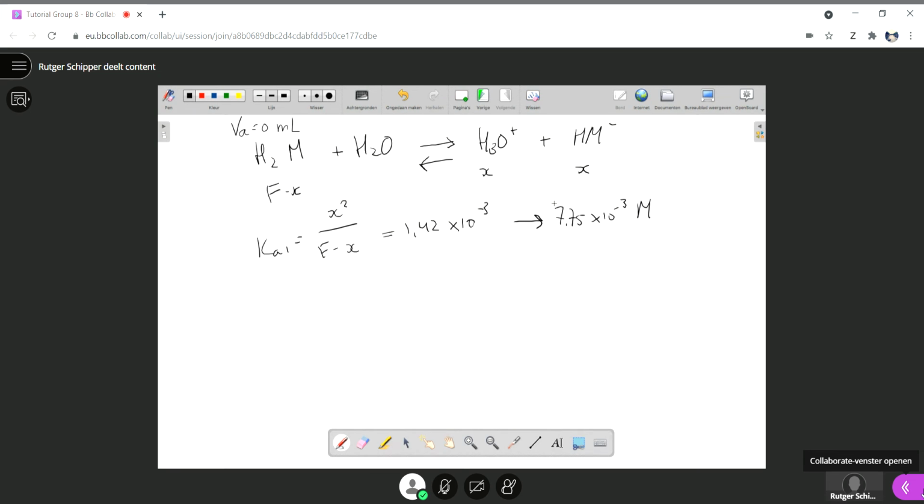And this is exactly the same as the proton concentration. So the minus log value of this number is equal to 2.11. So our pH is 2.11. Does everyone understand this?